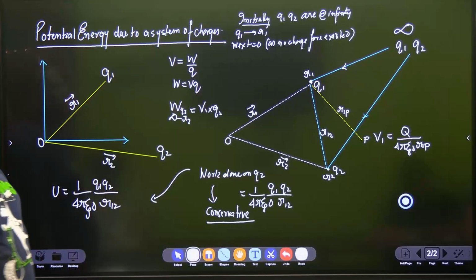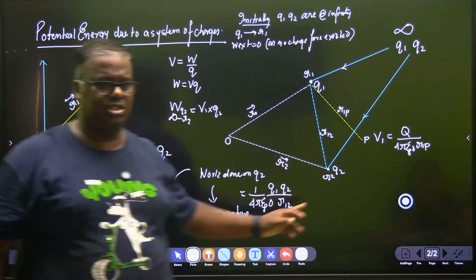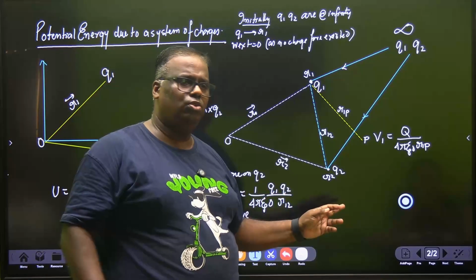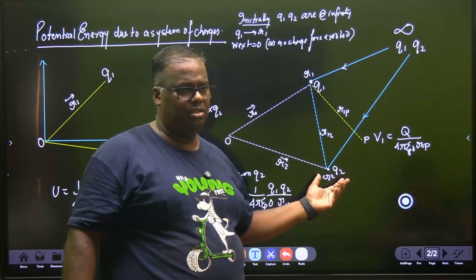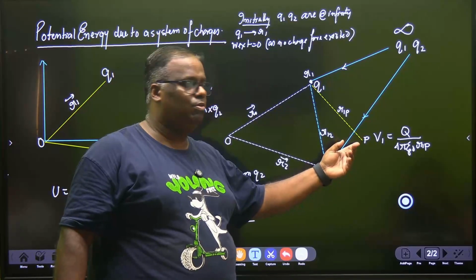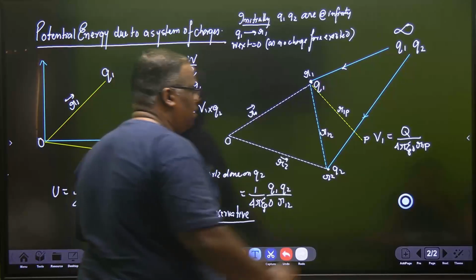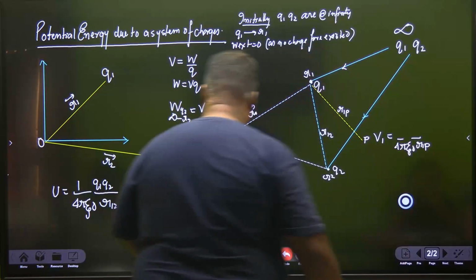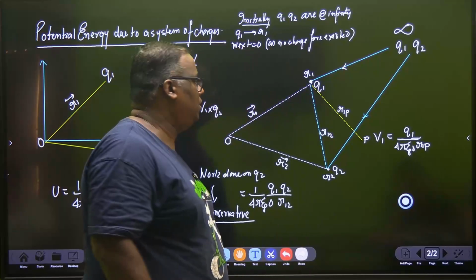Now another question. If I would have brought Q2 first, so Q2 is the first person who inhabited the island, what will the voltage be at any point? Sorry, one definition went wrong here. This should be Q1. What should be the voltage at any point?